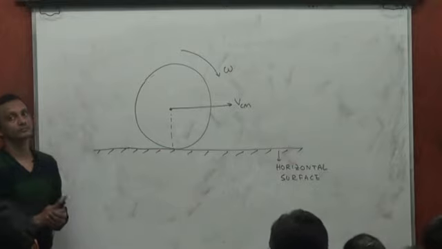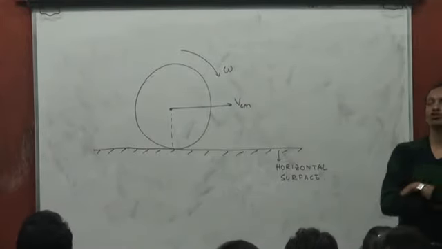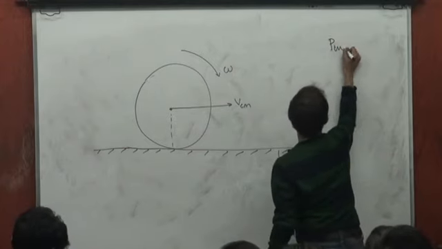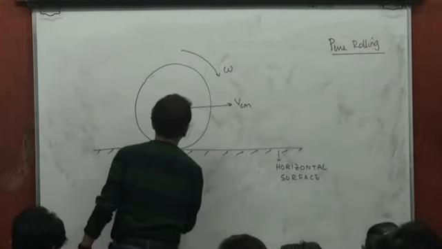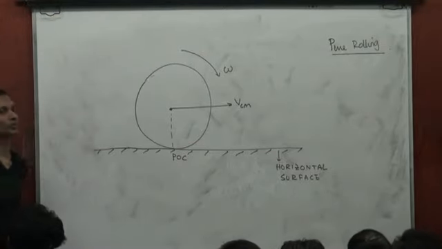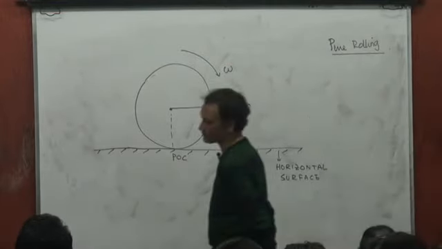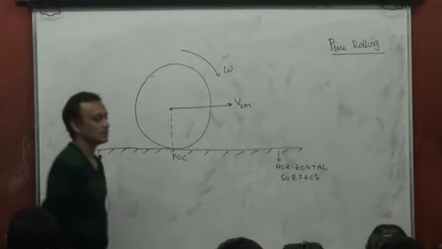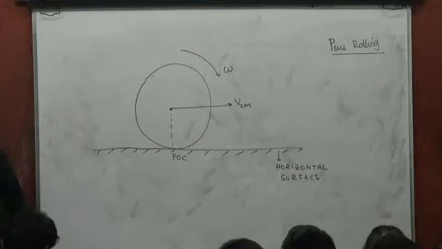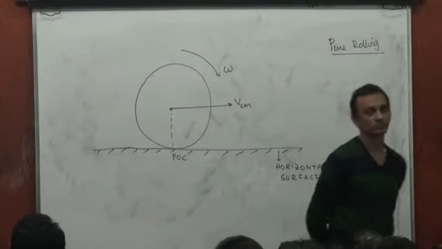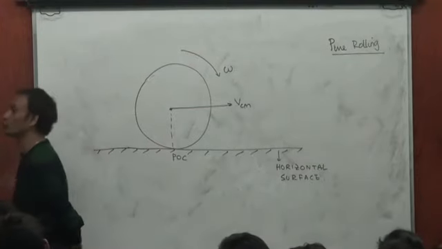Write down, a body is said to be in a state of pure rolling if the velocity of the point of contact is the same as the velocity of the surface on which rolling occurs.